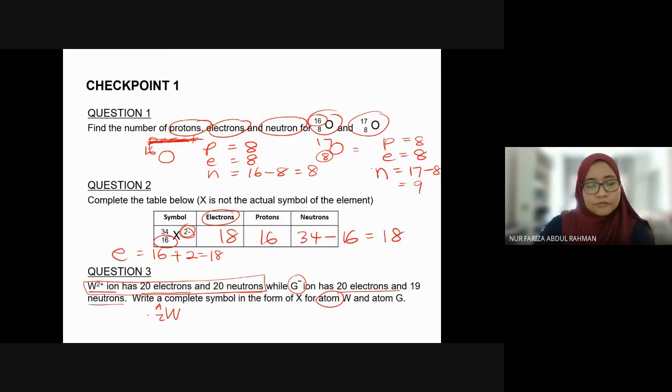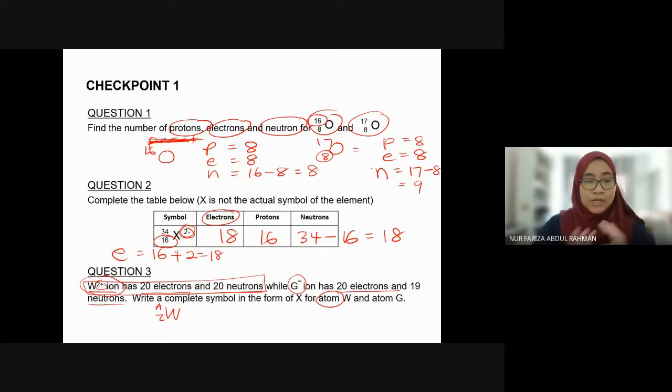I would like to find the proton number first, the atomic number. It doesn't matter. W2+ is in the form of ion, so don't forget that it has a 2+ charge. That means it has donated 2 of its electrons.